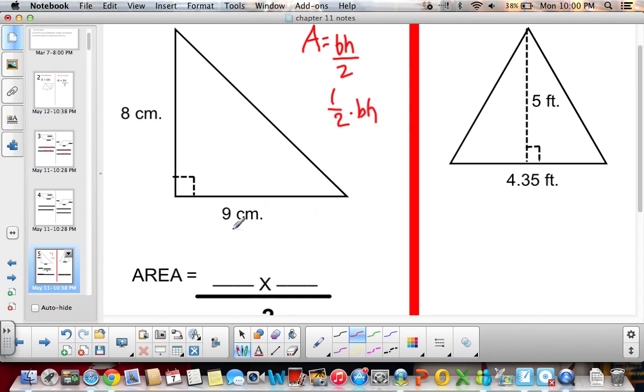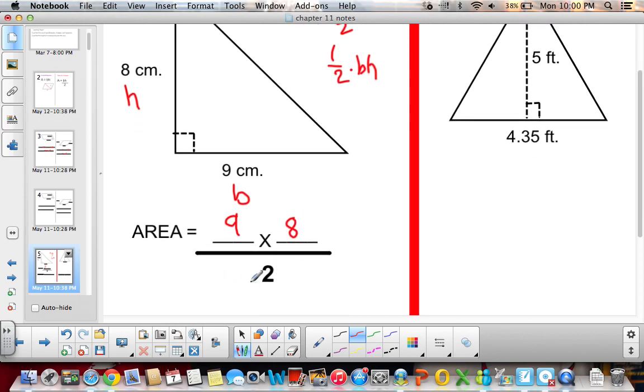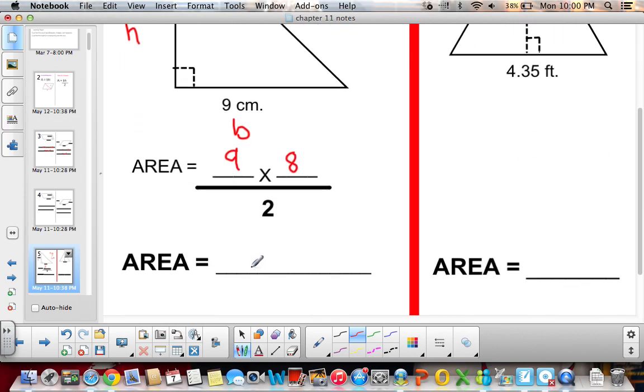So this is our base, this is our height, so it's going to be 9 times 8, and then divide it by 2. So we have 72 divided by 2, and we get 36 centimeters squared.